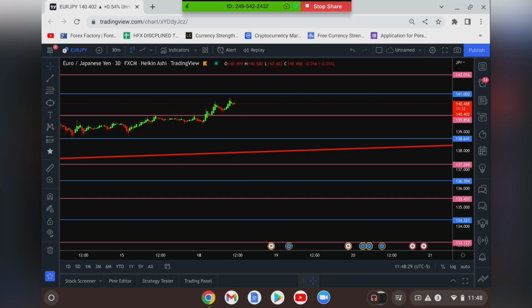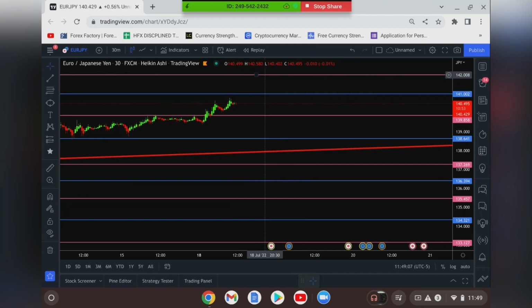So basically what that means is, since I know that this zone is from my hourly, I know that this is much weaker than a zone from my 4-hour. So that tells me that there is a chance that price could come up to this zone from my 1 hour and still break through and continue up to this next zone from my 4 hour. Okay, because this zone is not as strong as this zone.